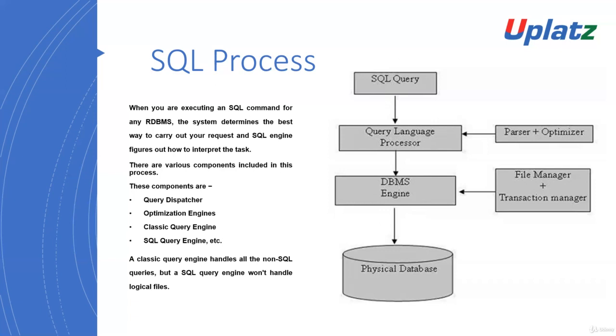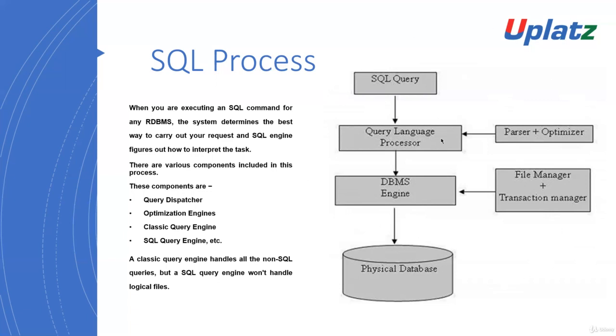It contacts the physical database, retrieves all that information that I want, and gets back to us in the form of a view. So this is the basic process that would be followed, and it will be more or less the same for all the platforms, let it be MS SQL, MySQL, or Oracle, or whatsoever. The process will more or less remain the same.